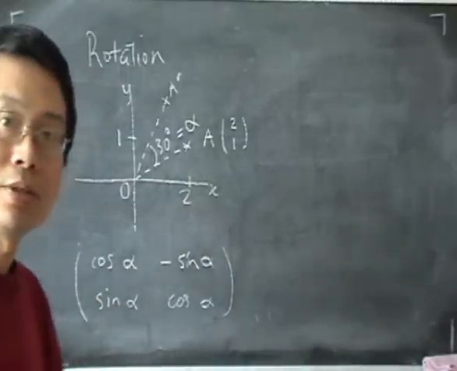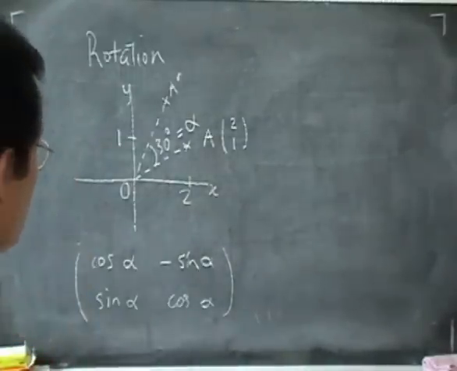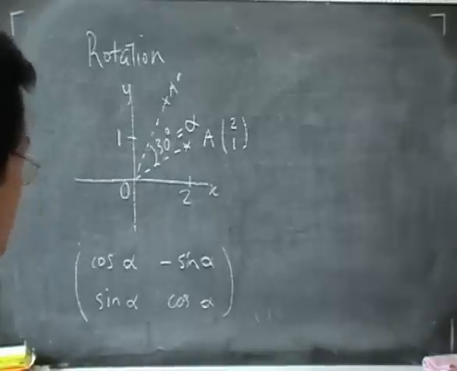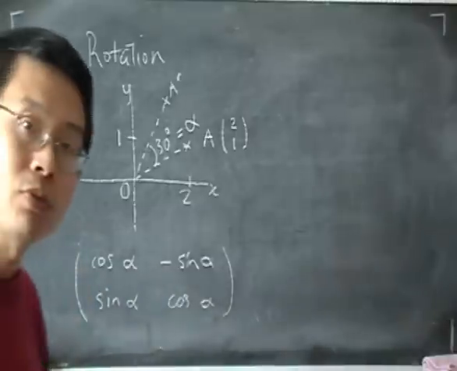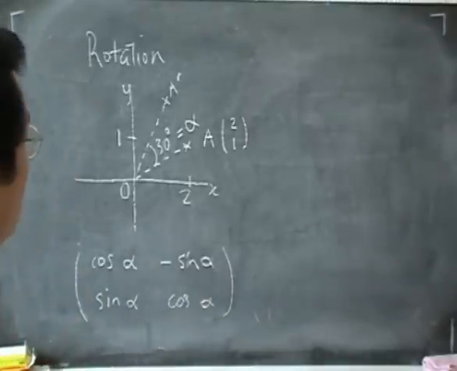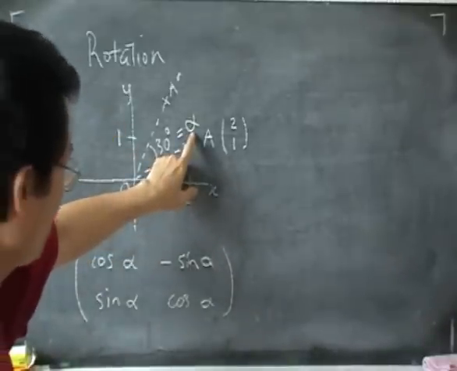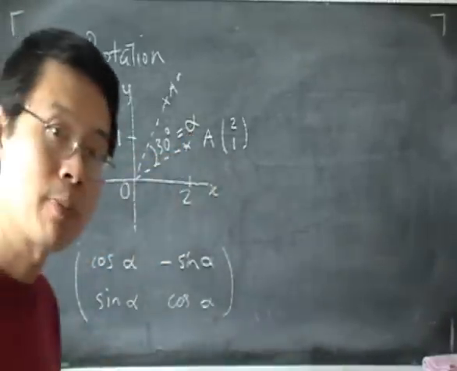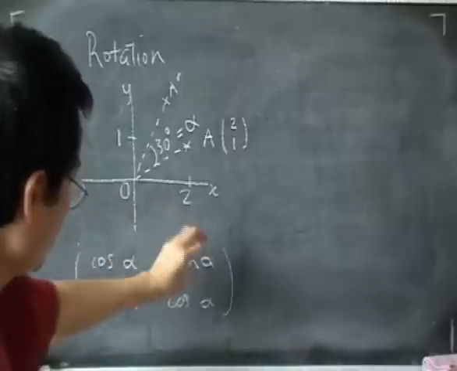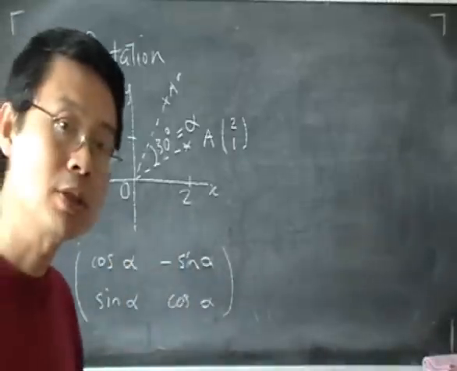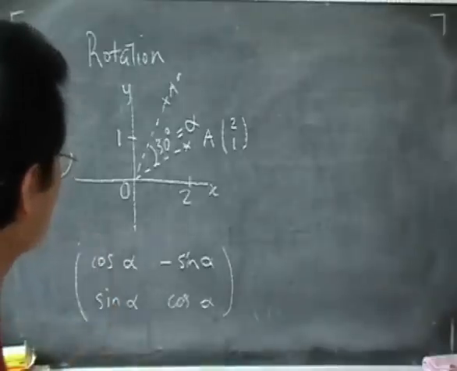So it's a rather strange looking matrix. What this means is that this is a formula for the matrix, and if, for example, alpha is 30 degrees, then the four numbers in this matrix you have to find by using this formula.